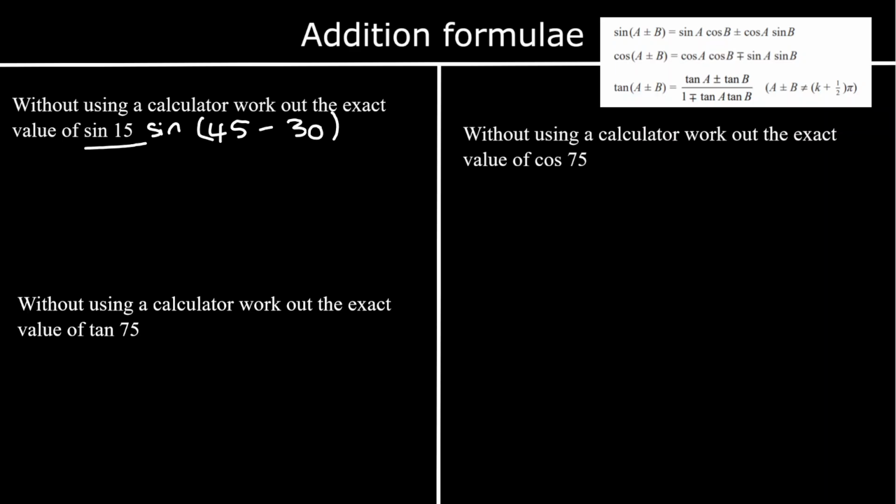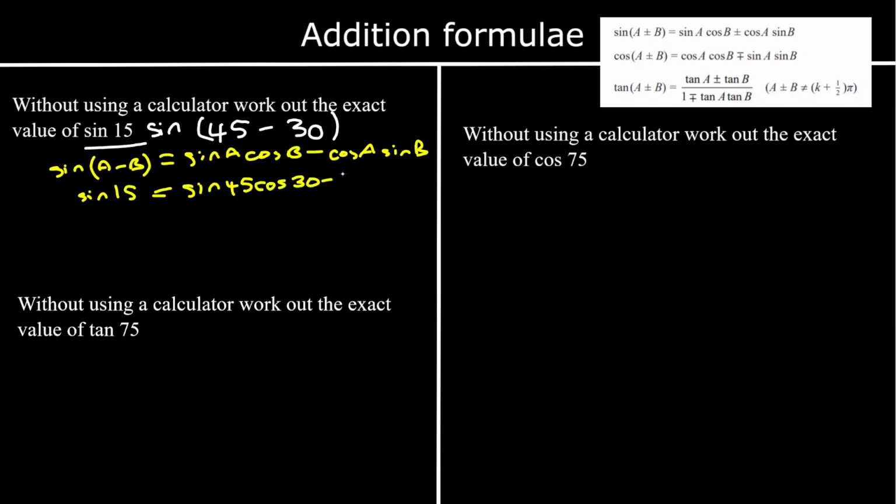Let's use sine A minus B, which is sine A cos B minus cos A sine B. So let's change A into 45 and B into 30, and then we'll have sine 15. So it's sine 45 times cos 30 minus cos 45 times sine 30.